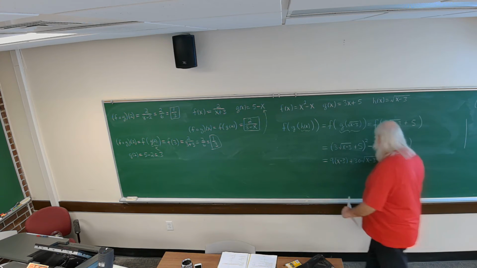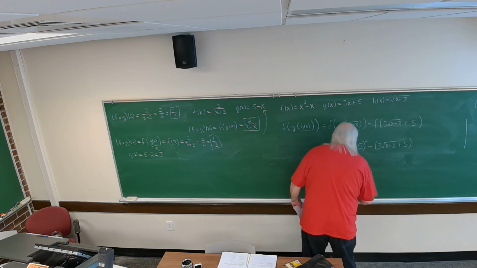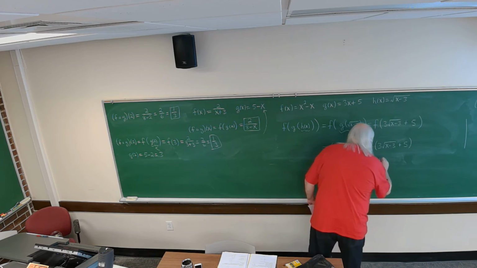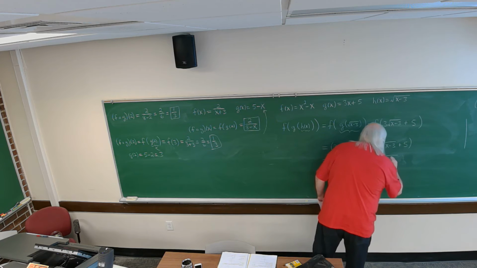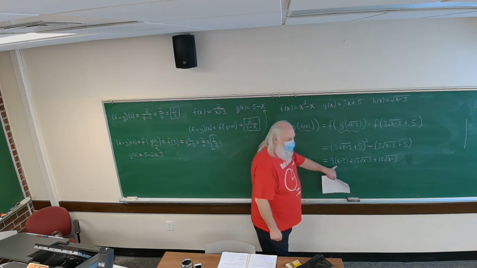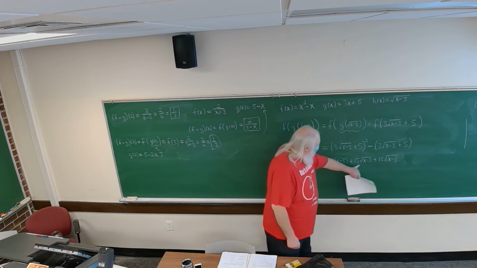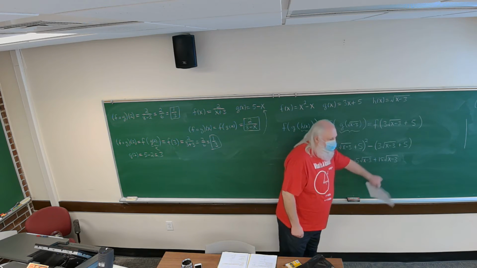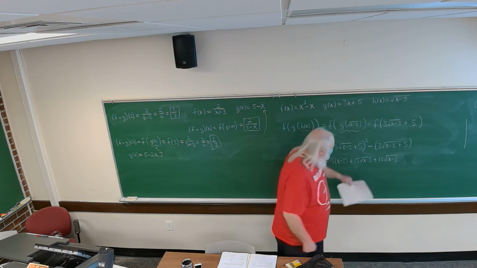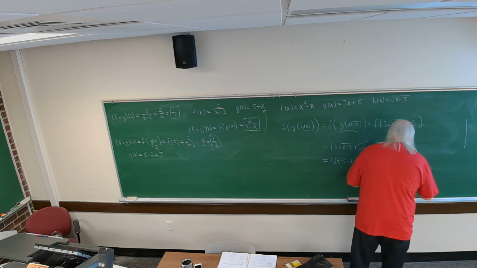Actually, I'll write it out for you. 15 times the square root of x minus 3 plus 15 times the square root of x minus 3. So this is first terms, outer, inner, and now when we multiply last terms, 5 times 5, you get 25.